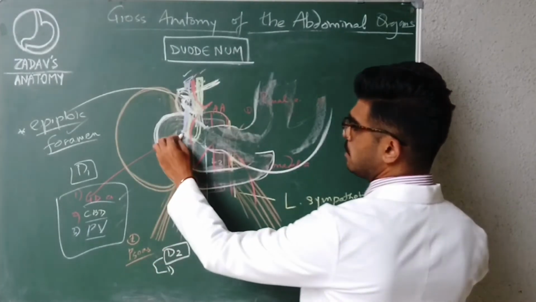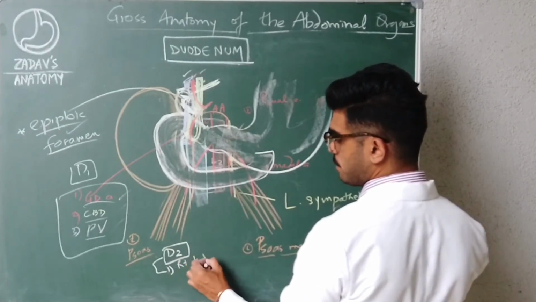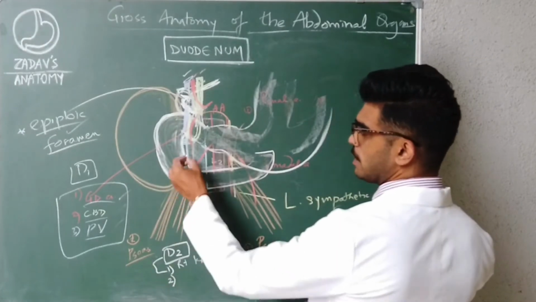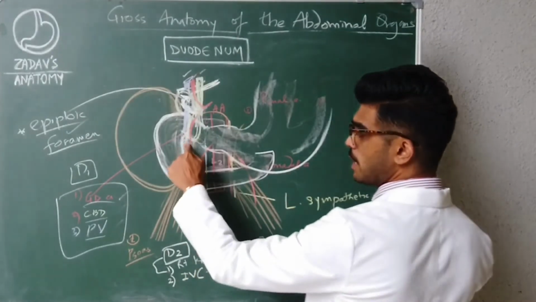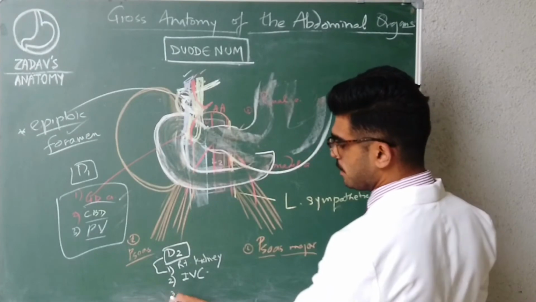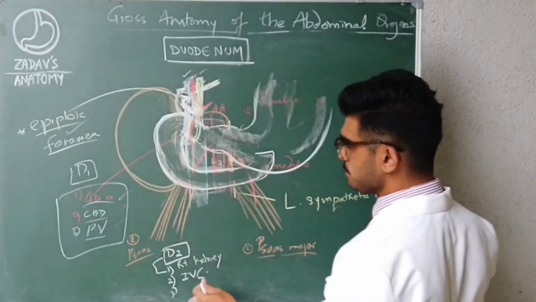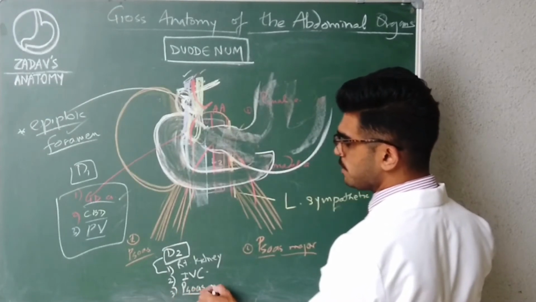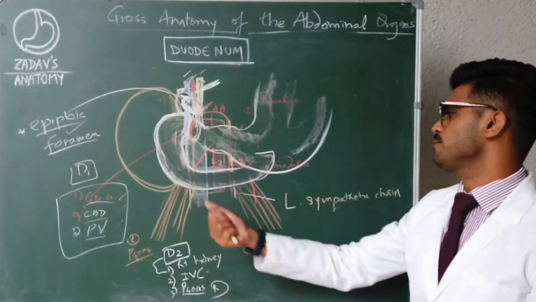The medial border of the right kidney. Then of course the right margin of the inferior vena cava. And what muscle lies over here? Well, the muscle is psoas major. Don't forget to mention the right psoas major. These are the posterior relations of the second part of the duodenum.